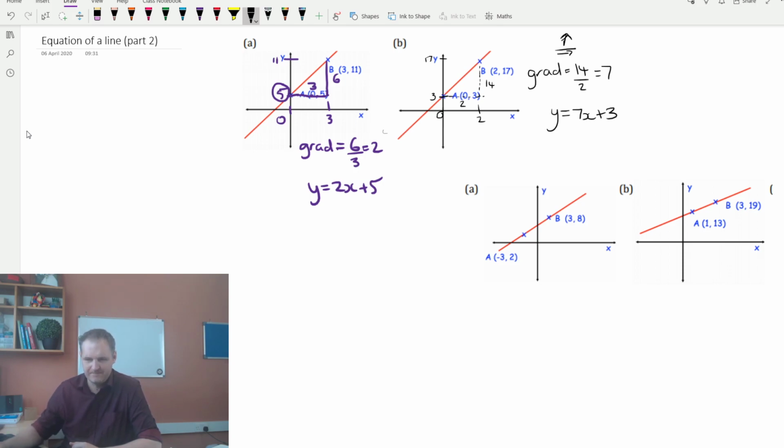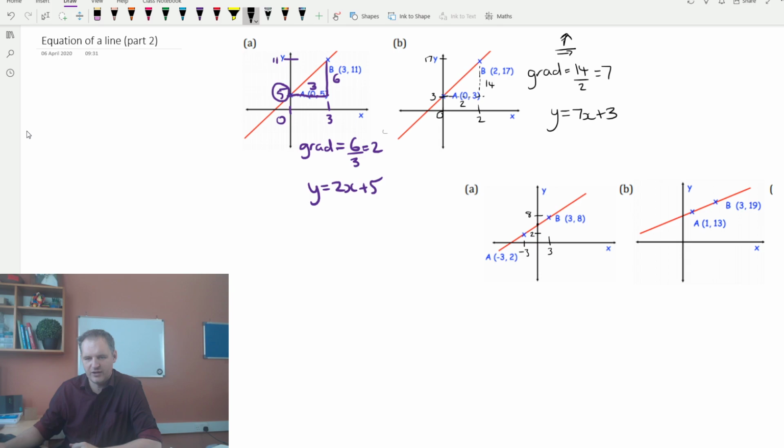This one here is a bit different because we don't have this number here. We don't know exactly what that number is, but we can find it. And here's how. First thing we do, that is minus 3 and that's 3. That is 2 and that's 8.